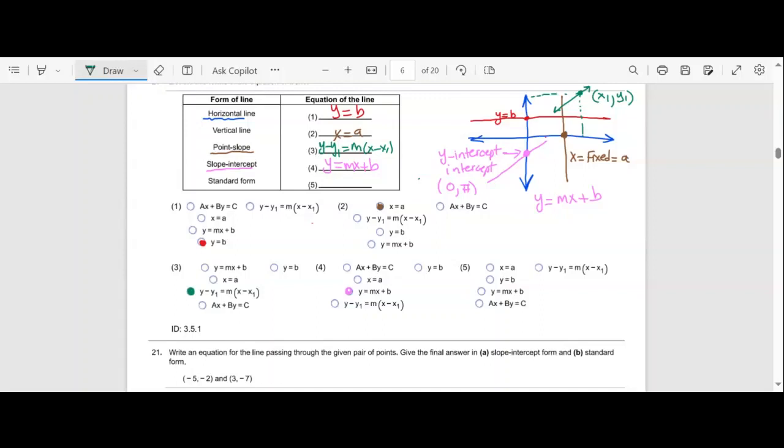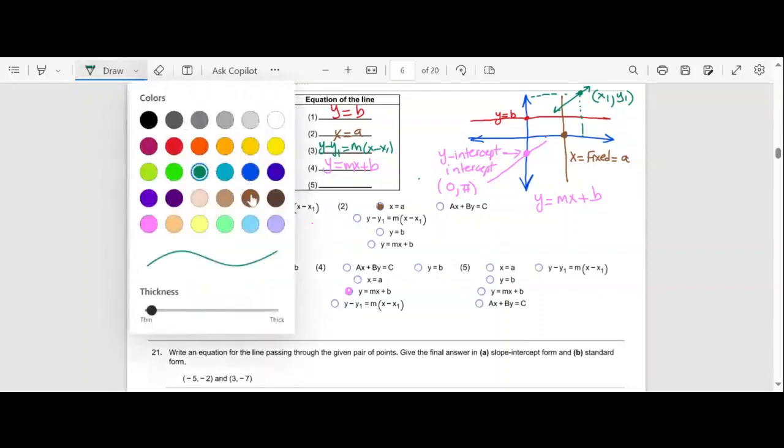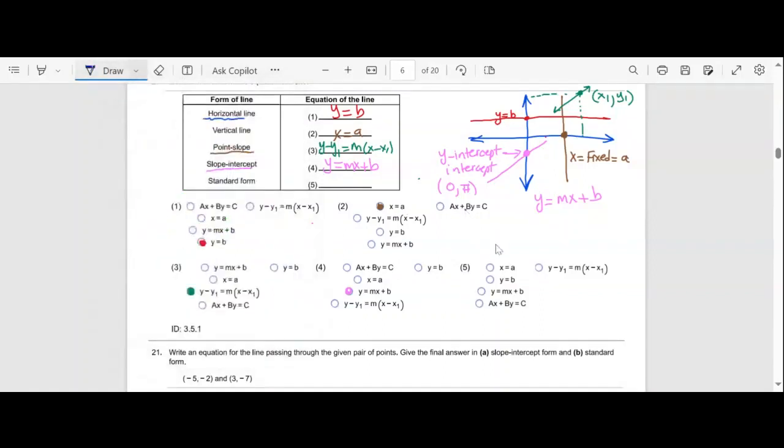Standard form. Standard form is when you have the equation written in a standard form. How can you write it in standard form? We know that y minus y1 equal m times x minus x1.